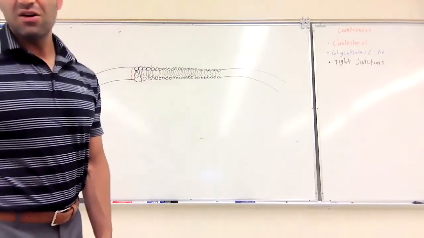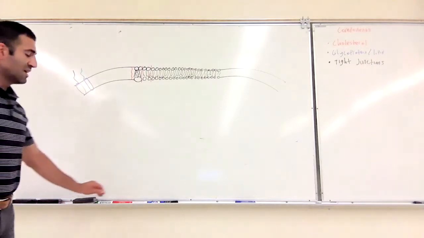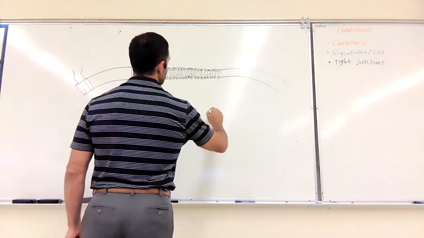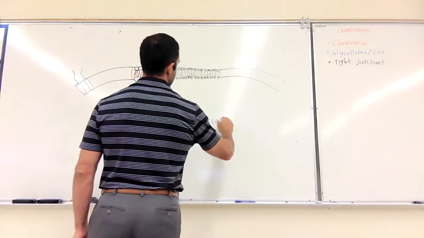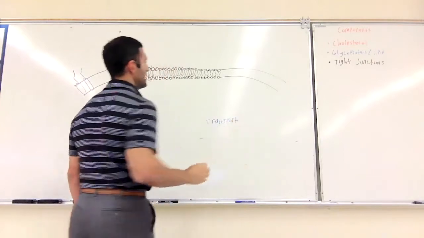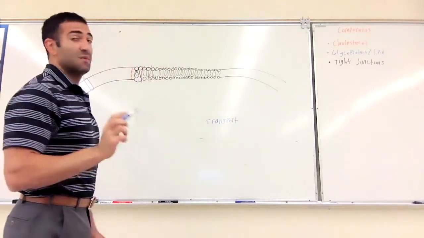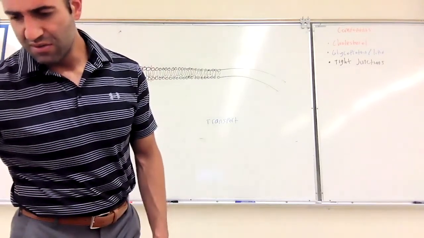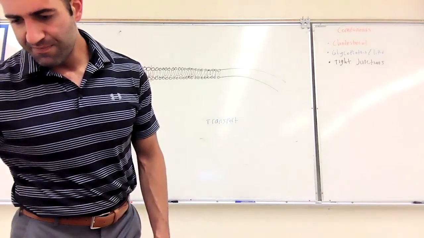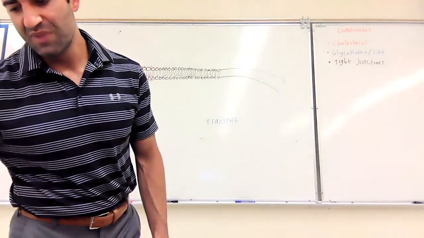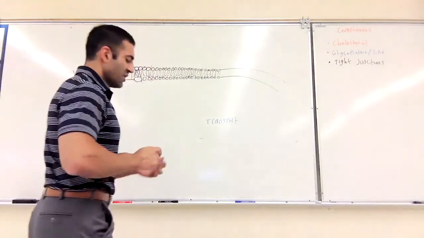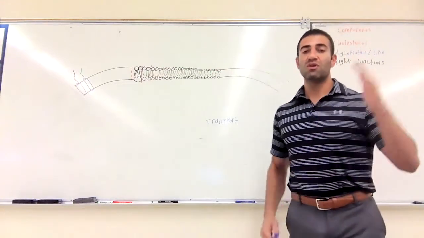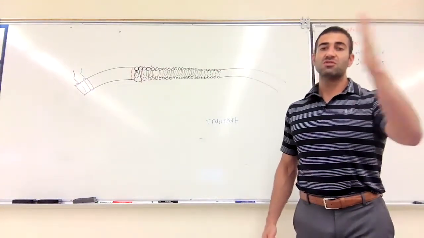So these are integral proteins. The first purpose is going to be transport. Transport is the process of moving a certain molecule from one side of the cell membrane to the next.